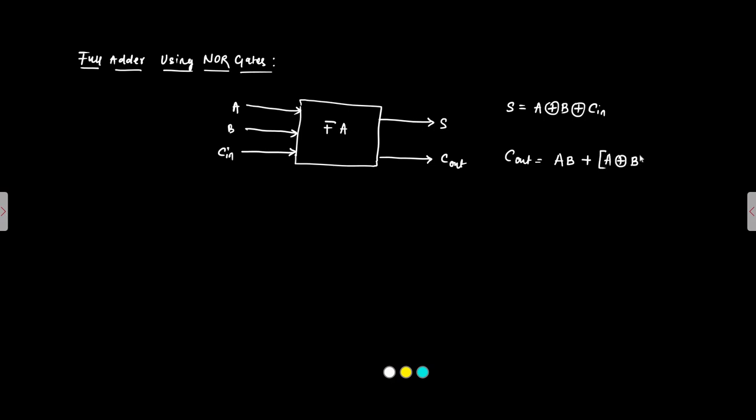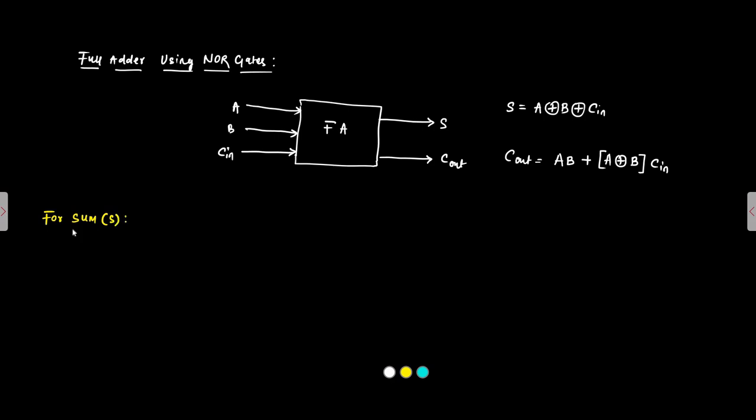AB or (A XOR B) into C. Okay, this format. So let us see how we can implement these expressions.